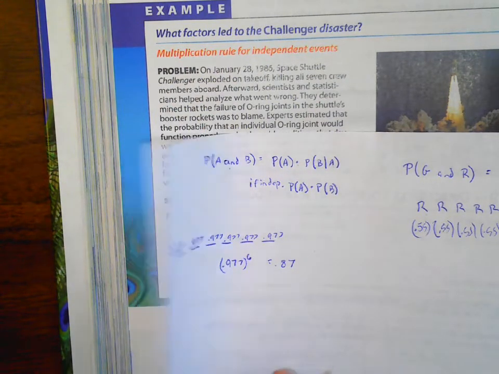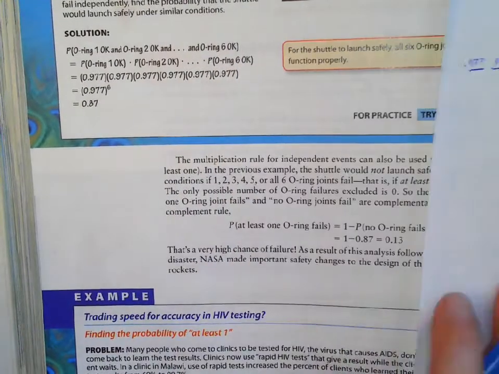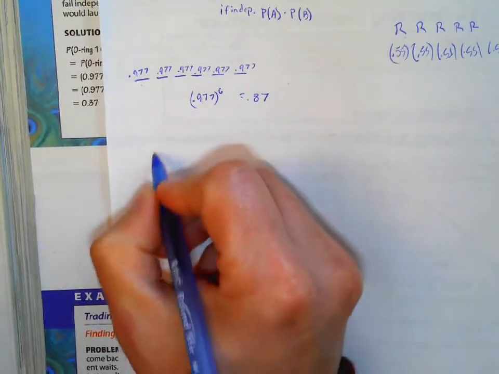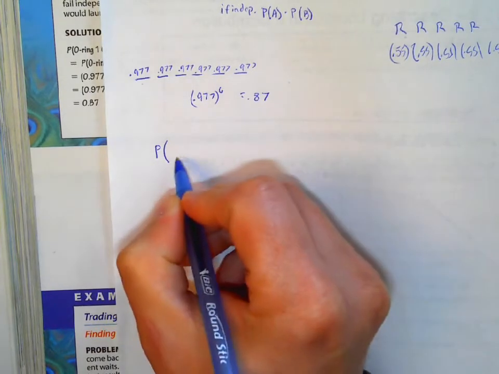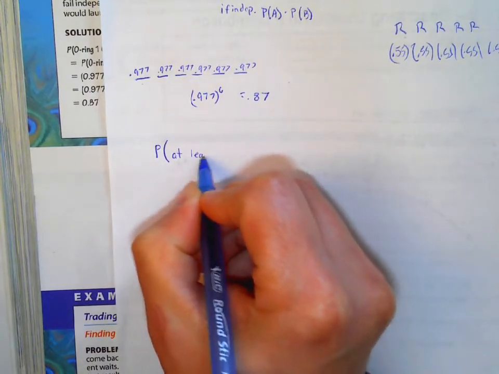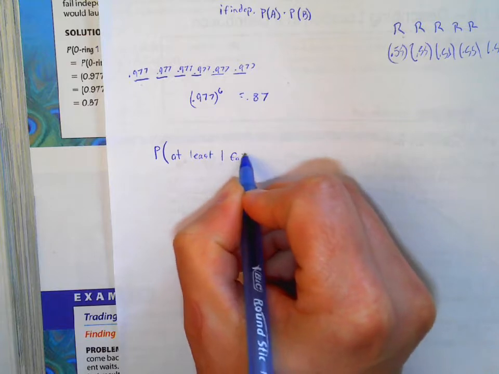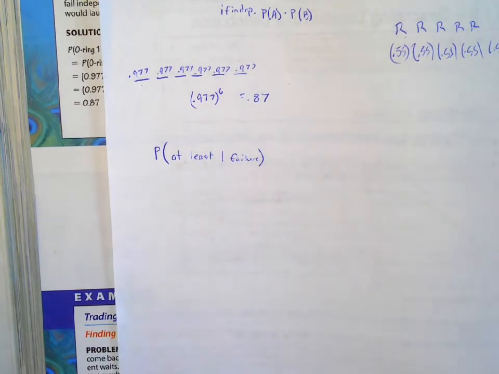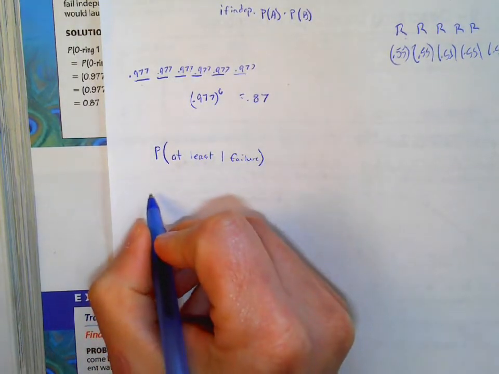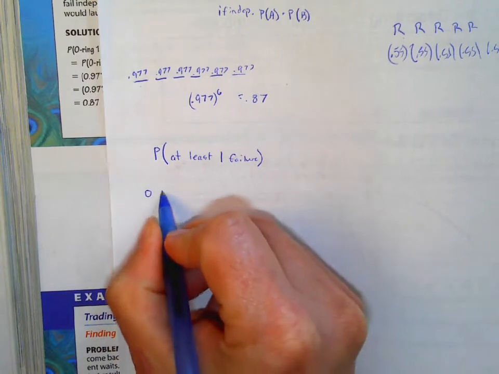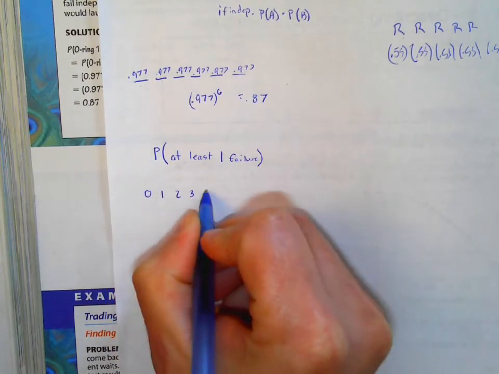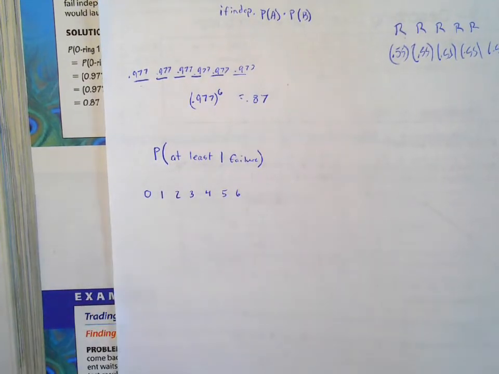Now, here's this idea of at least one. What's the probability it's going to blow up? So the probability of at least one failure. We have 6 rings, right? We could have 0 failures, 1 failure, 2 failures, 3 failures, 4, 5, or all 6 could fail, right?